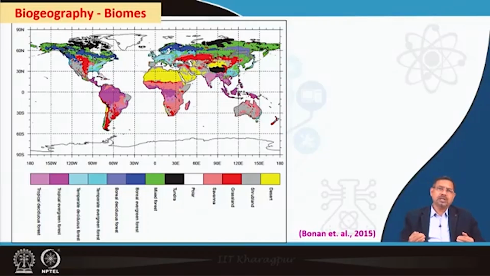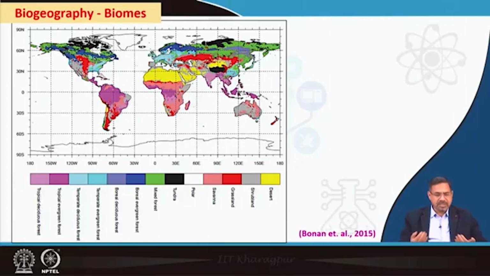But the point I am trying to make here is that the geographical distribution pattern of the plants, or of the biota, is explained by the term biogeography. And now, let us have a look at the types of biomes or the plant systems or ecosystems which are present.